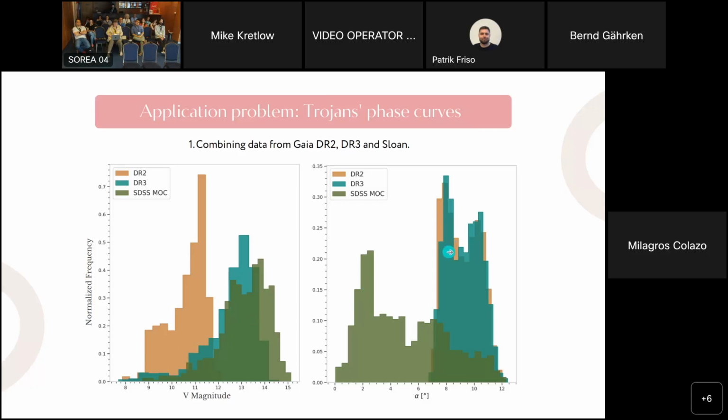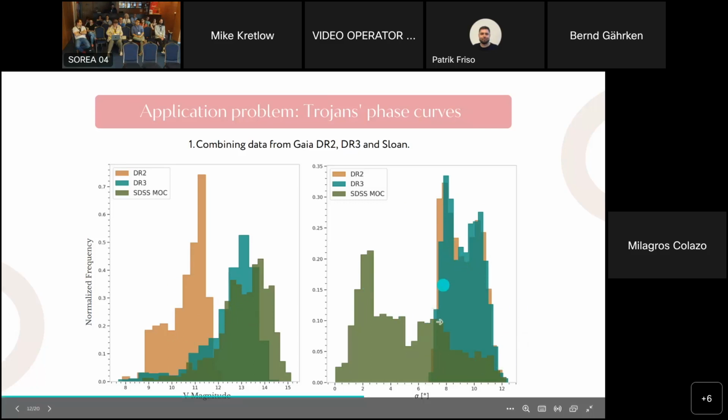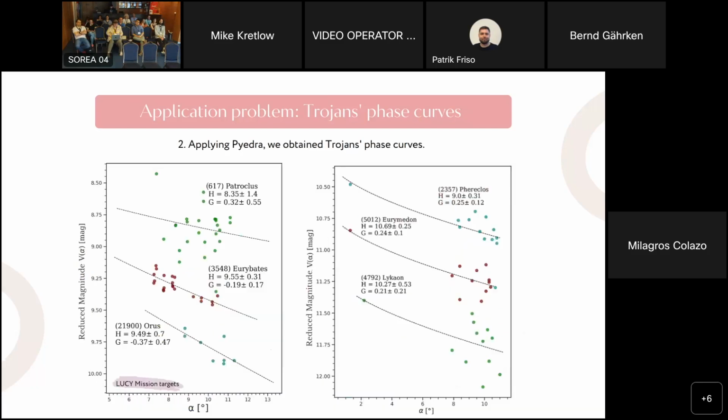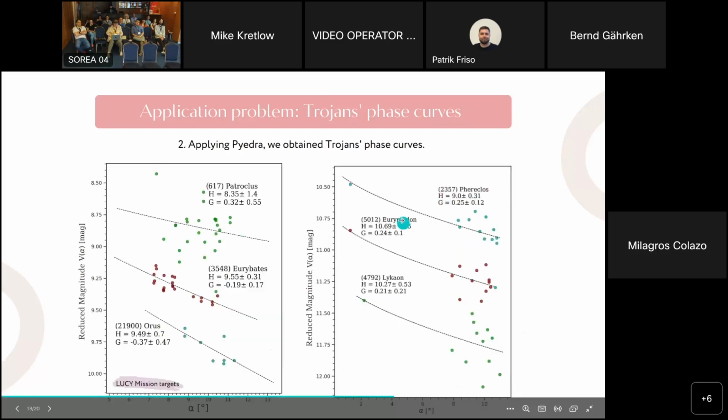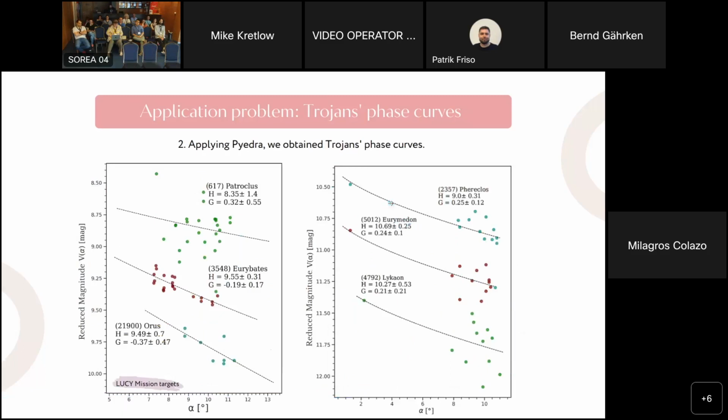About the phase angles, we know that Gaia observes only at large phase angles, but Sloan has very good coverage. The problem is that for Trojans, Sloan only gives us 1 point at very small phase angles.